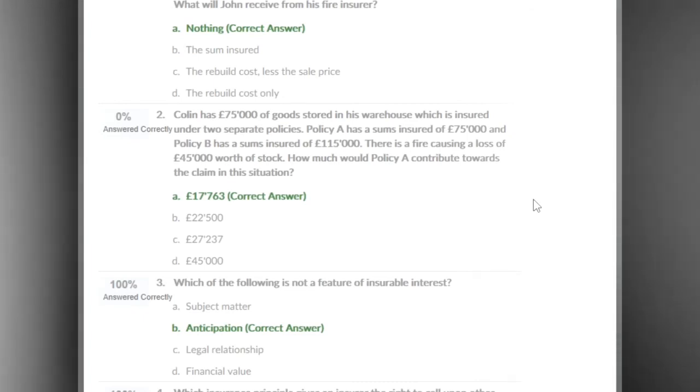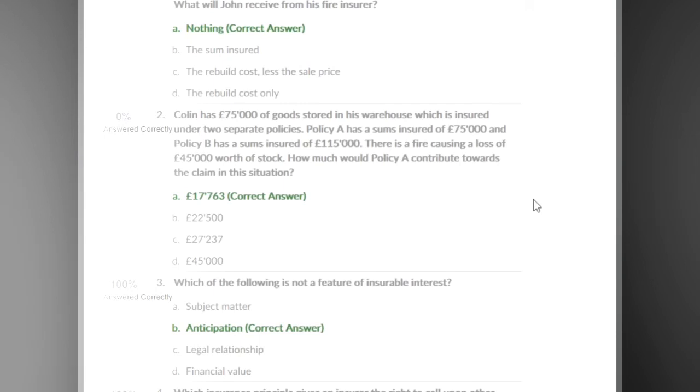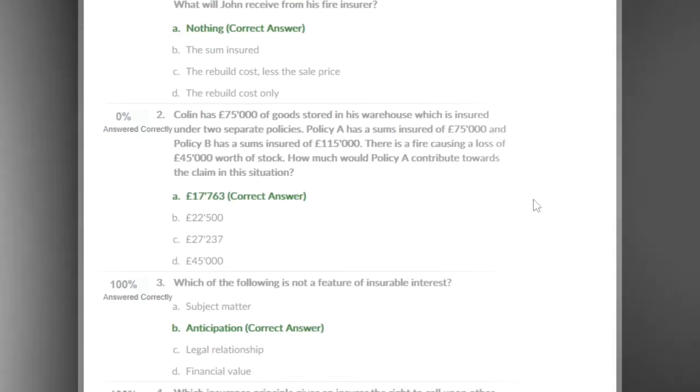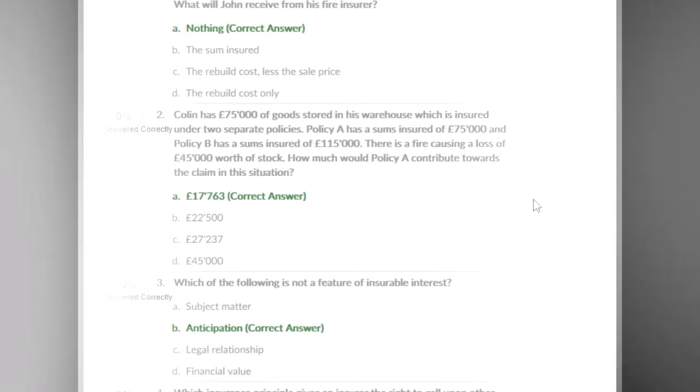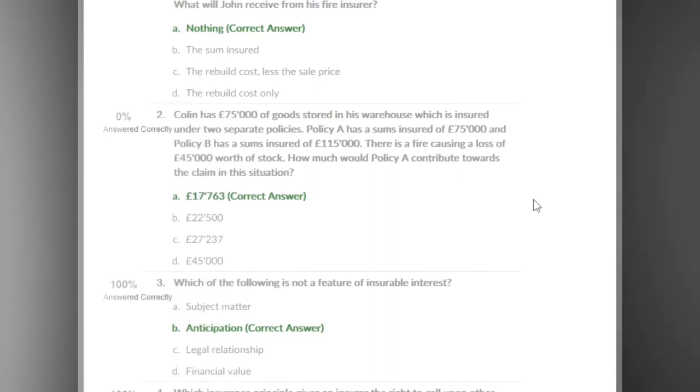Right. So we just need to know policy A. Thinking again of our sum, where we have the figure at the top, the figure at the bottom, and then the figure at the end, which is the loss. We've got the £75,000 at the top, that's our sum insured for policy A. We're then dividing that by 190,000 because that's policy A and policy B added together.